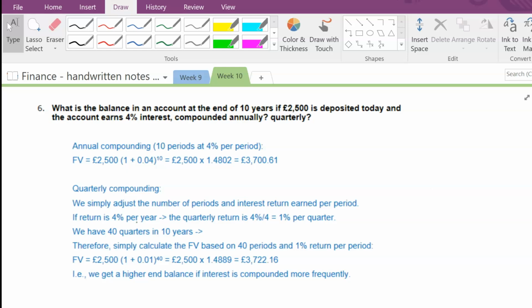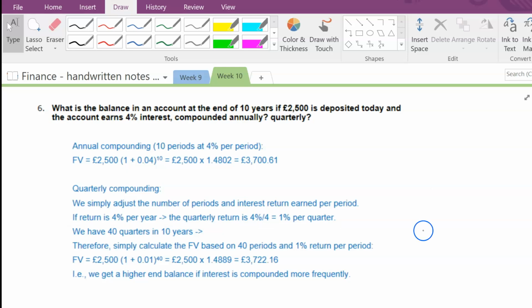We apply the same formula, but we adjust the number of periods. In other words, here we have 10 years at 4%, but here we will have 40 quarters, 4 quarters per each year, times 10 years, but at a different interest rate, because we will only have 1% per quarter. 4% annually is the same as 1% per quarter on a quarterly basis.